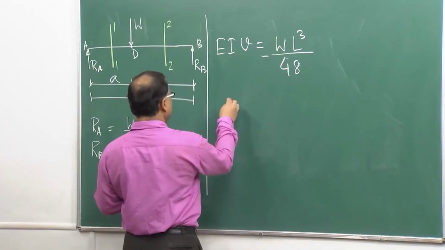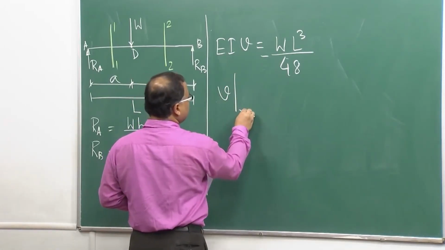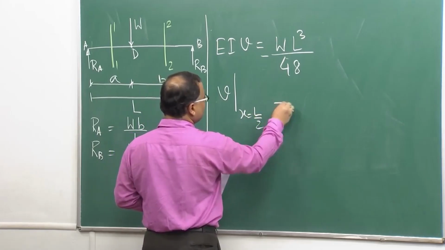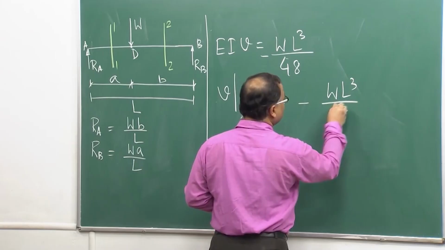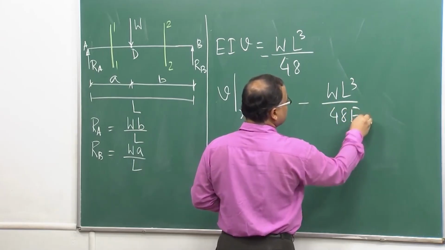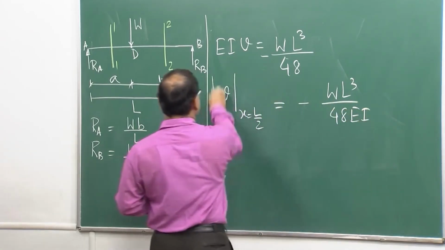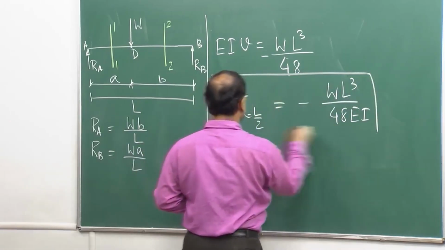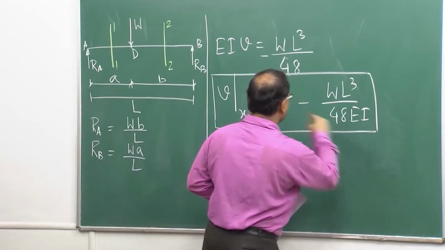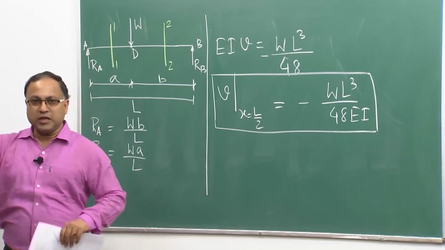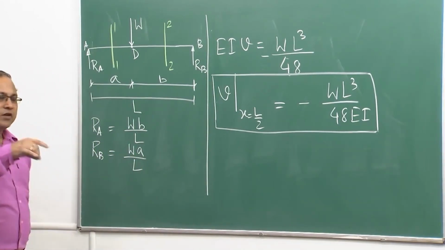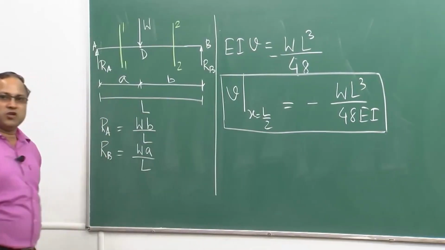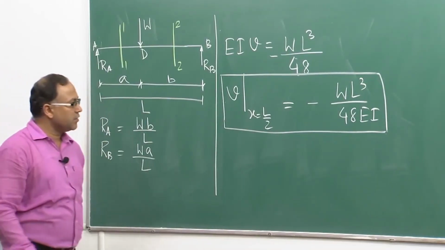Therefore, V at x equal to L by 2 is equal to minus W L cube by 48. The minus sign is because V, the deflection, is downward, while y is upward, due to the application of the load. That is why the minus sign is coming.